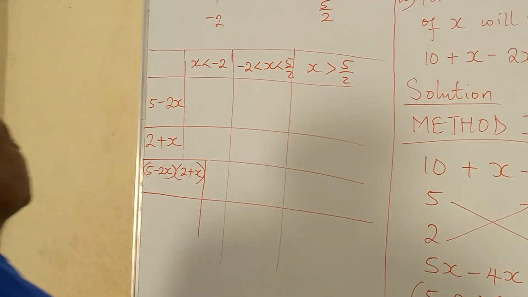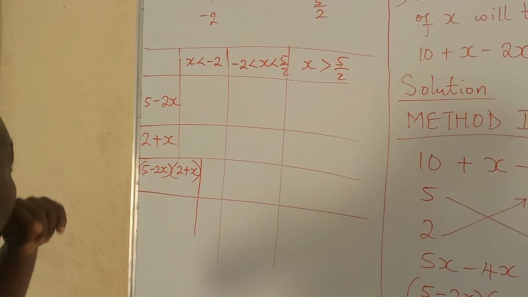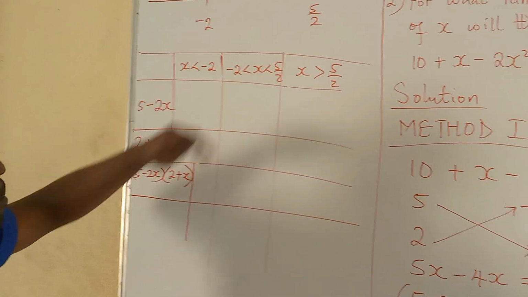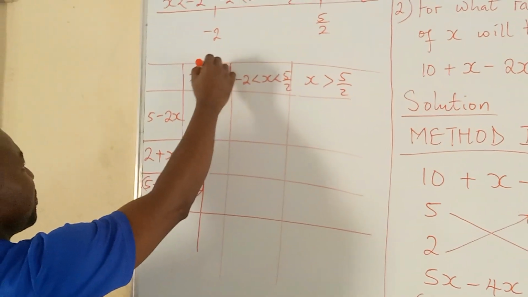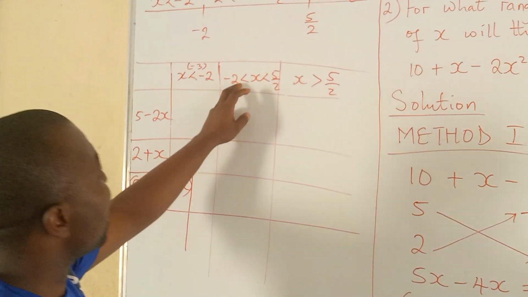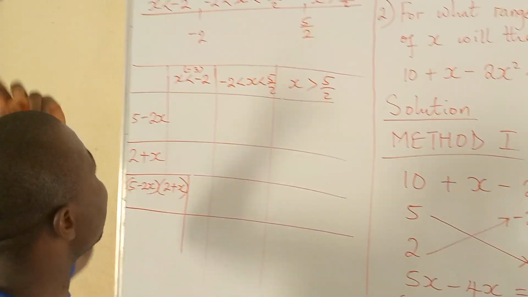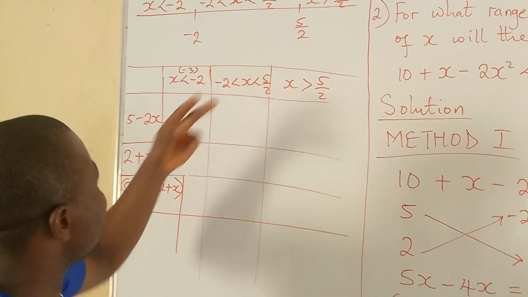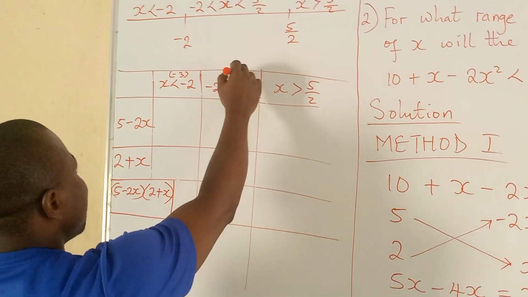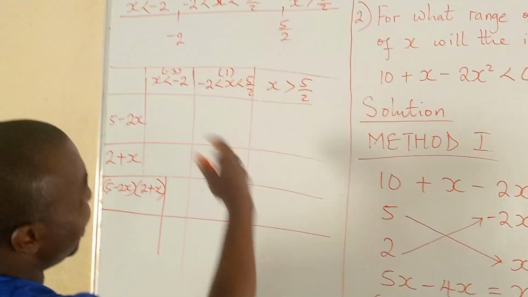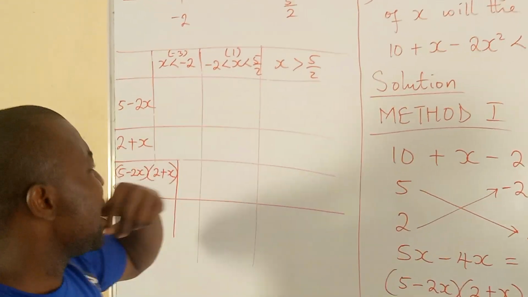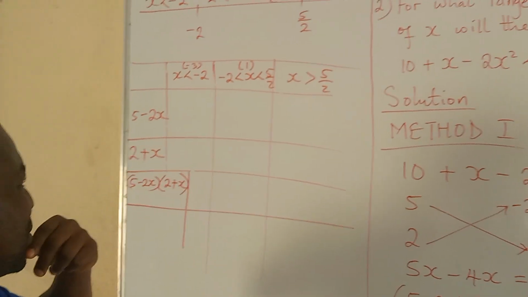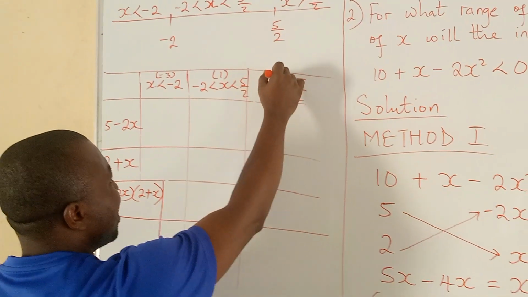Alright. Now, let's see what will happen. Pick any number that is less than minus 2. Can consider a number like minus 3. For this one, from minus 2 to 5 over 2, pick any number in that range. If 0 is there, 1 is there, let's use 1. Any number you use within that range will behave the same way. For this one, any number greater than 5 over 2, 3 is a number greater than 5 over 2.